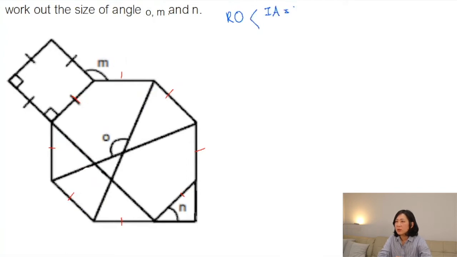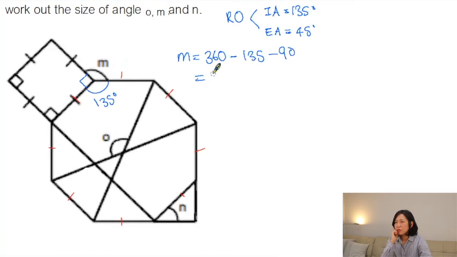For the regular octagon, the interior angle is 135 and the exterior angle is 45. Let's write down 135. Now, can you notice that? Yes, we've got right angles. So we can find M very quickly. 360 take away 135 take away 90. So it gives you 270 take away 135. So it's 135. So we found M.